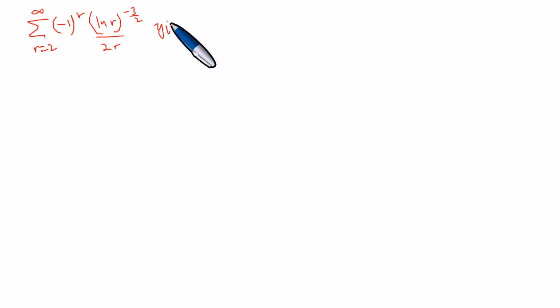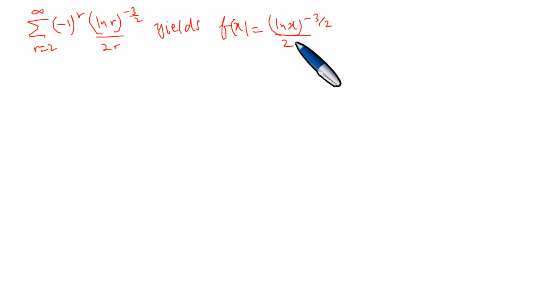This one yields the function f of x, which is ln of x to the power minus 3 over 2 divided by 2x.